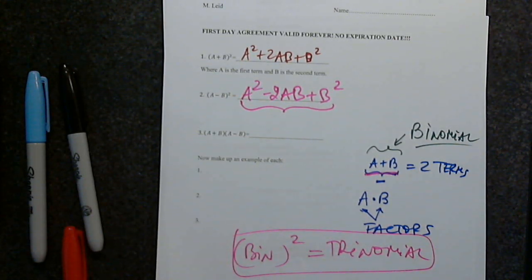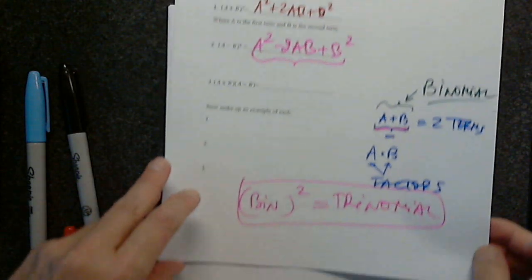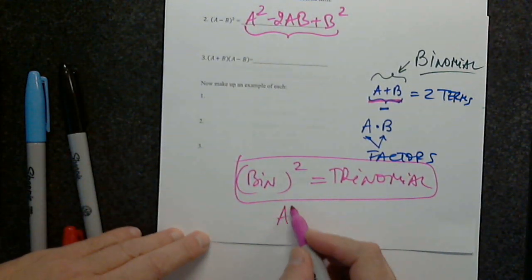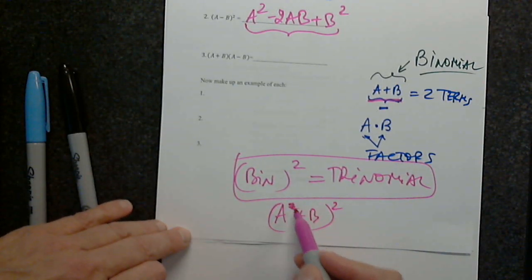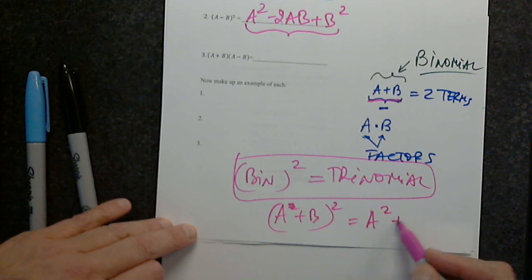So this is another very important idea that I would write in my notebook. Remember, a binomial squared is a trinomial. So I will never make this mistake now. Oops, I didn't mean that. I will never make this mistake, would you?